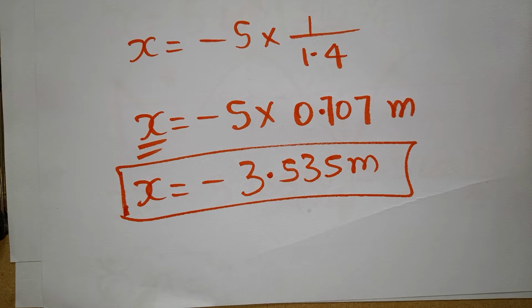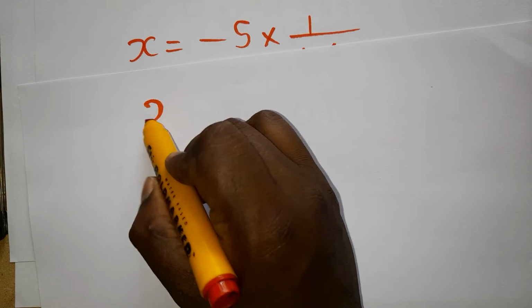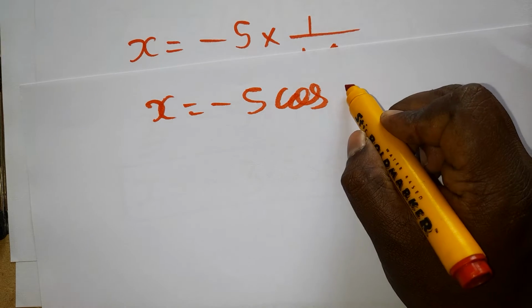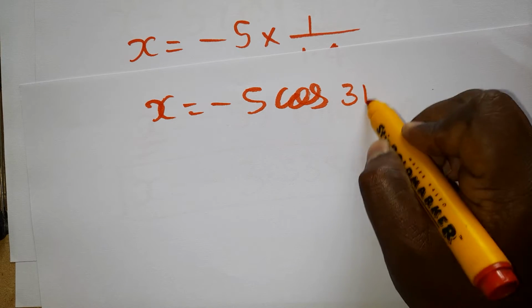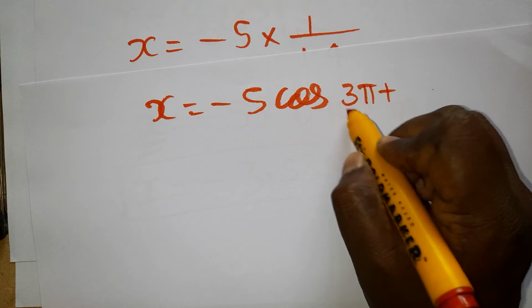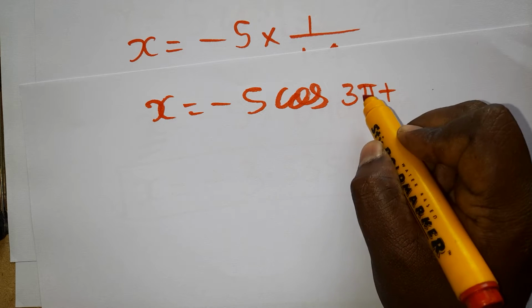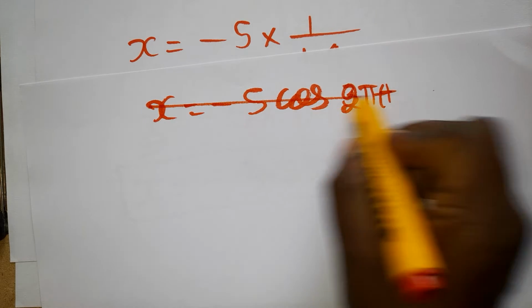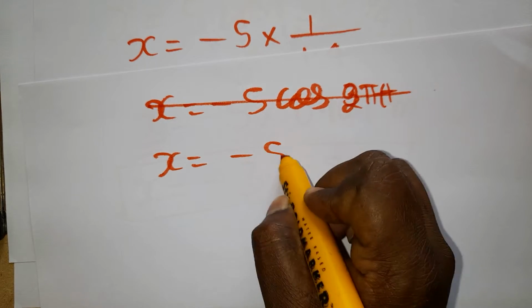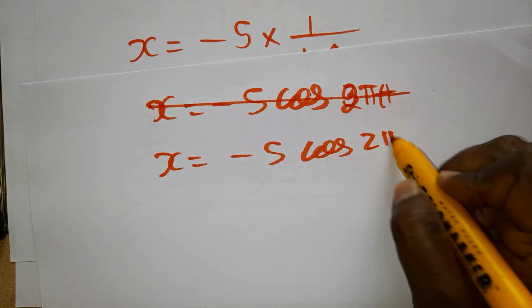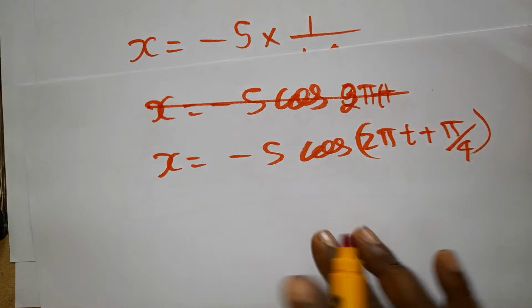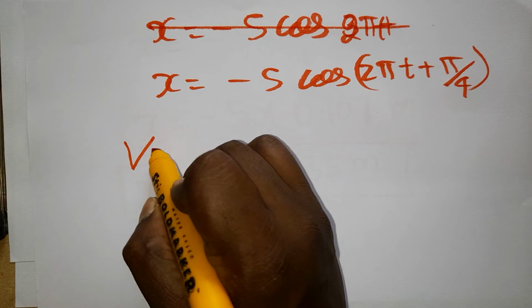What is the velocity equation from displacement? The displacement is x is equal to 5 cos(2πt + π/4), as given. If you want velocity from here, you differentiate this equation.